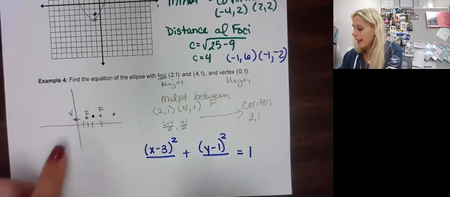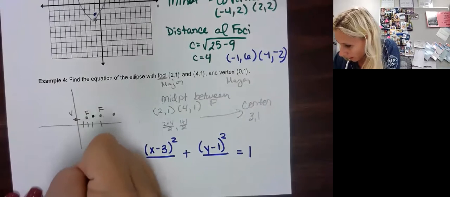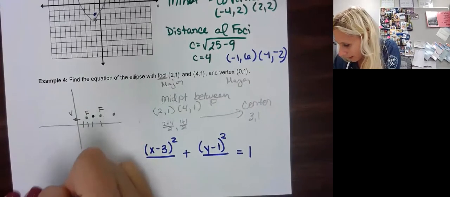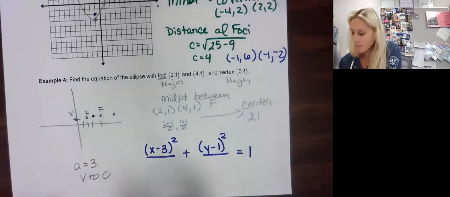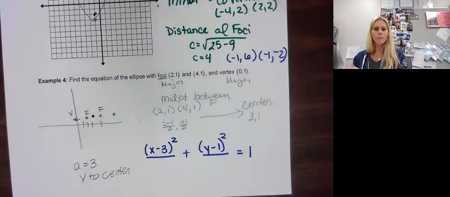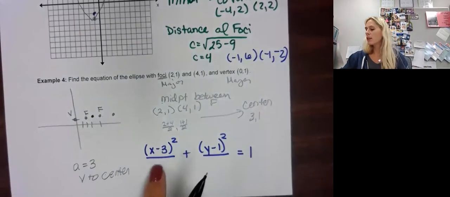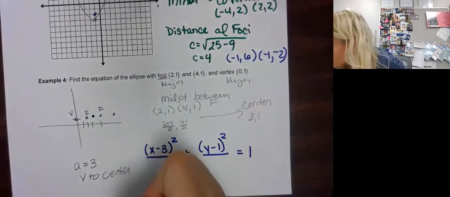So a is 3 away. I got that from vertice to center. Okay, I'll put center since the is used with foci. Now, of course, do we put that 3 under there? No, because it's a squared. So 3 squared is 9.